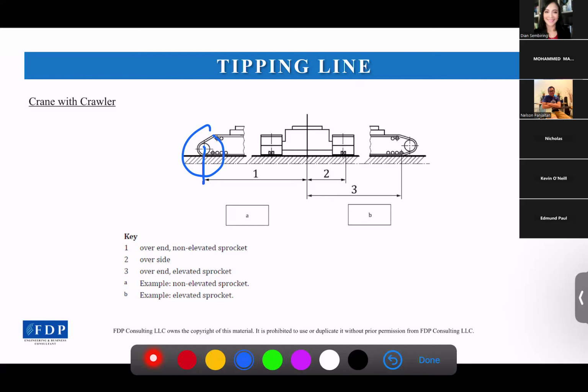For this type, the longitudinal tipping line will be drawn from the edge of the track which is touching the ground here. And for the transversal tipping line, we could take it based on the center to center of the tracks here.